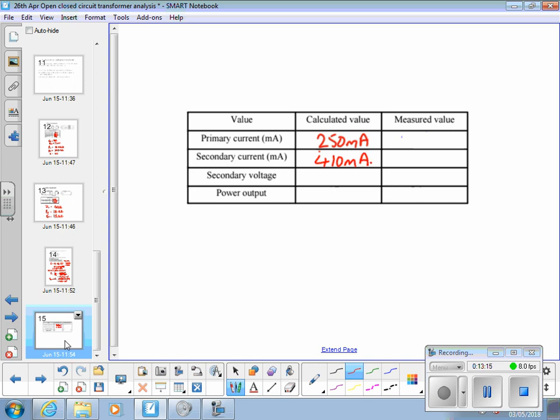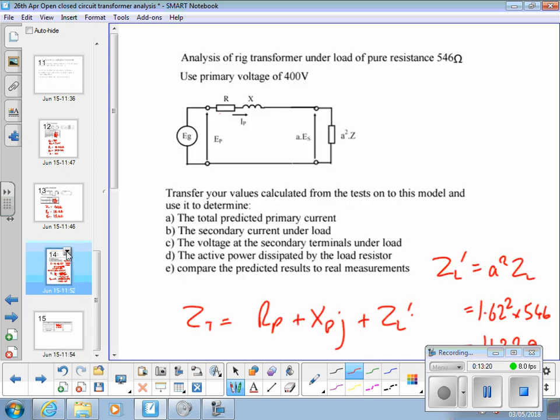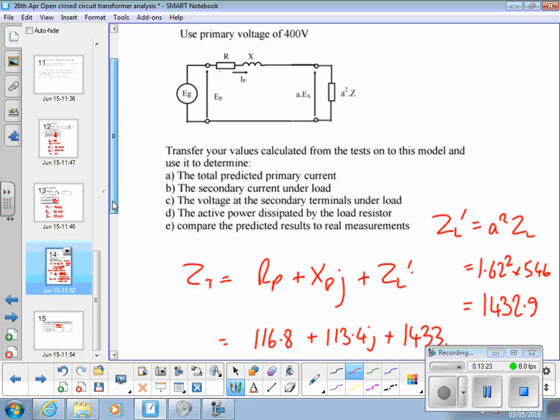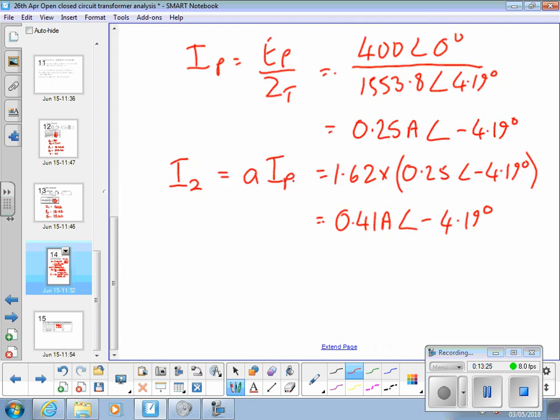Secondary voltage. We want to find E2. How do we go about doing that?